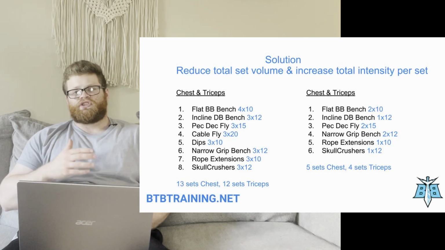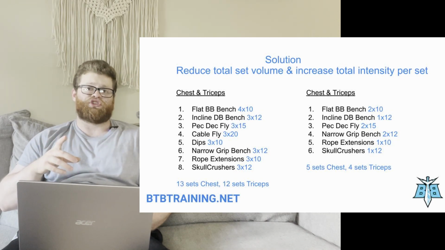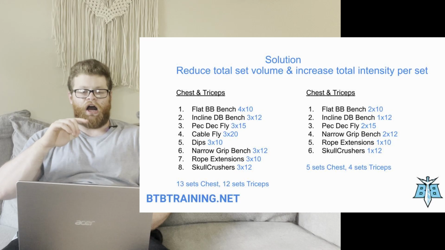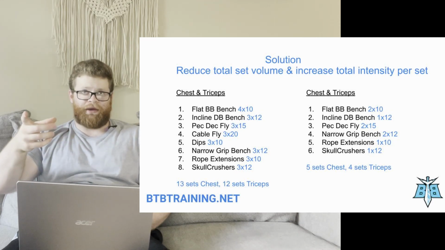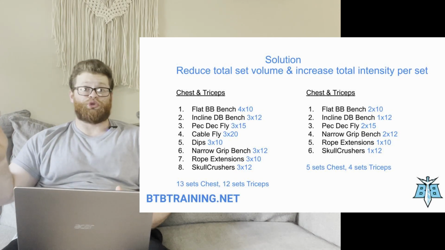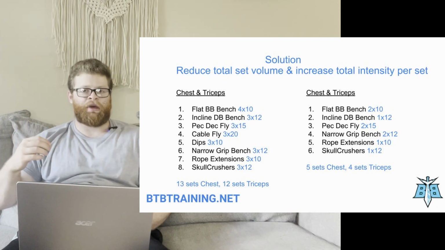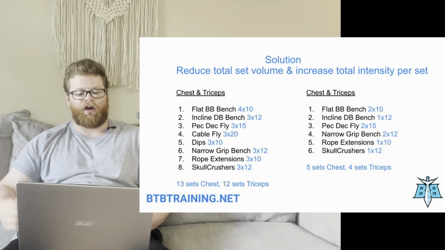And so the solution to making this session more efficient in my eyes would be to make each one of those sets more intense, which would reduce the amount of sets needed to stimulate hypertrophy, which would reduce the total session time, which would give us more time outside of the gym resting and recovering.